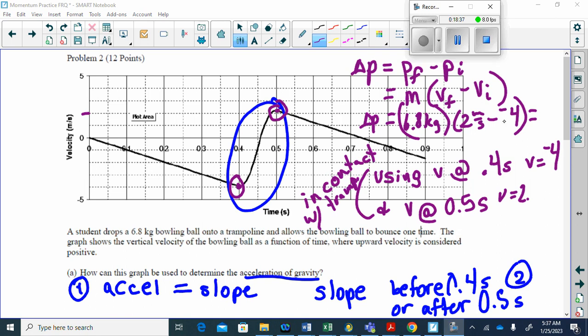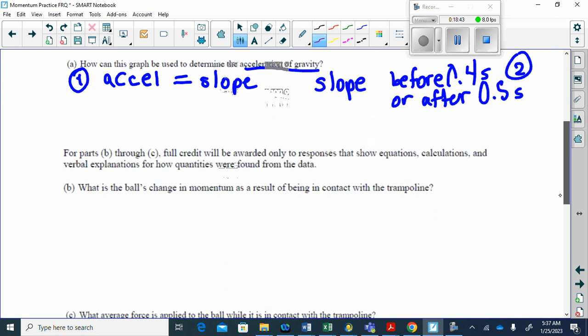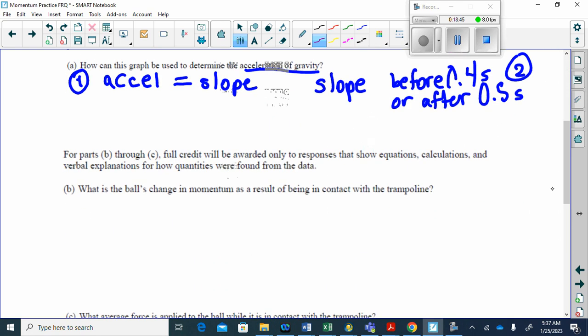And depending on the numbers that you used here, you should get, for part B, an answer of anywhere between like 38 to about 43 kilogram meters per second, depending on the values you chose for the velocities.